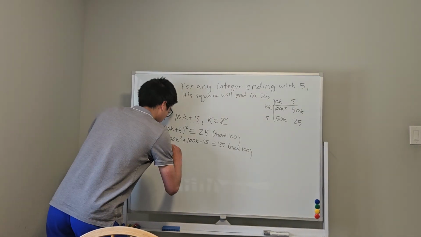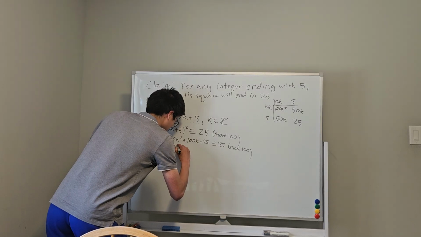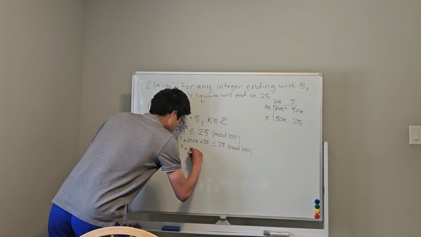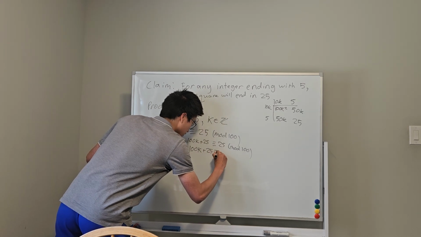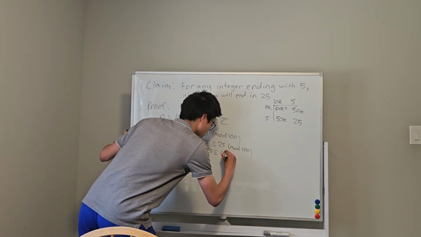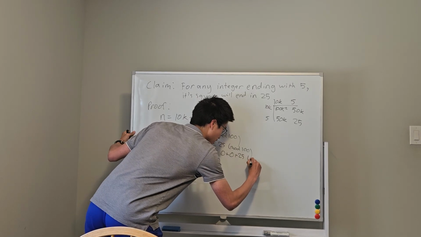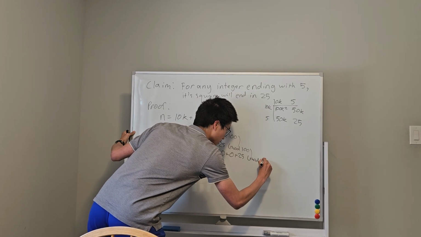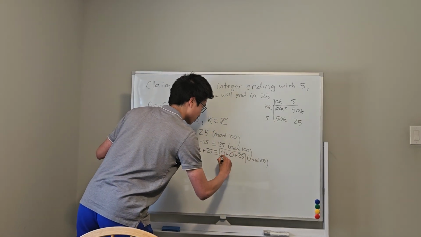Therefore, we have 100k squared plus 100k plus 25 is congruent to 0 plus 0 plus 25 mod 100. And this thing right here equals 25.